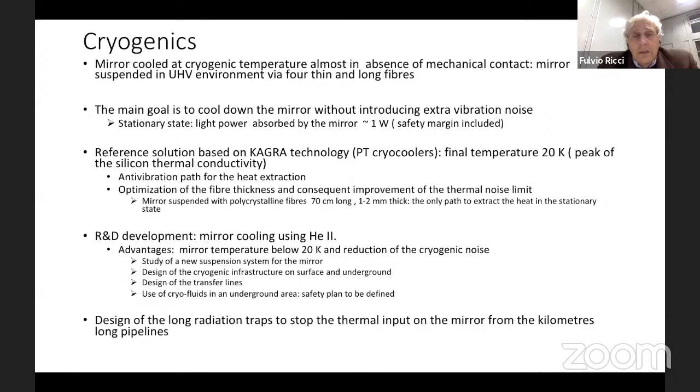This is something that the few people that were involved in the old adventure of cooling down the resonant bars for detection of gravitational waves know very, very well. And this is one of the main points in the case of the interferometer, because in this case we have a broadband detector, so this aspect is much more delicate.